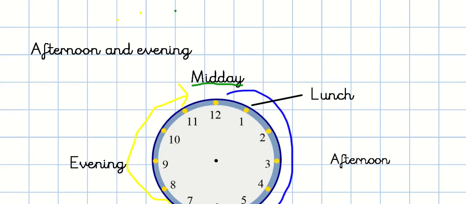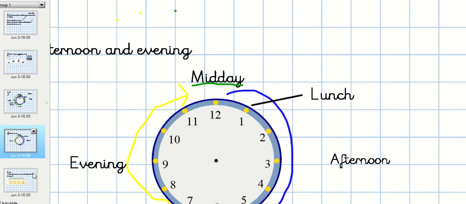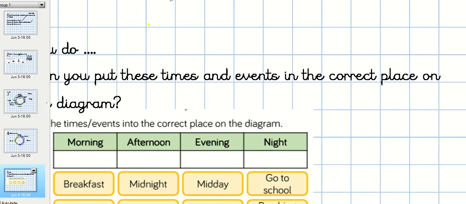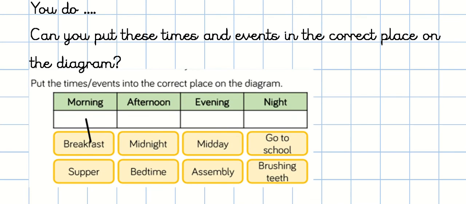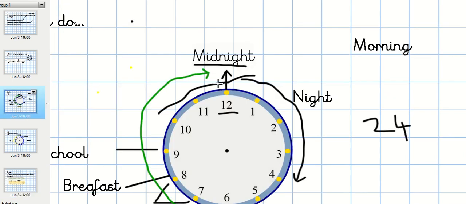Next, we're going to draw an arrow from breakfast to morning. Next, we're going to have a look at midnight. Well, the clue is in the name. Night suggests that midnight happens at night. When did midday happen? It's not on our first spin of the clock.